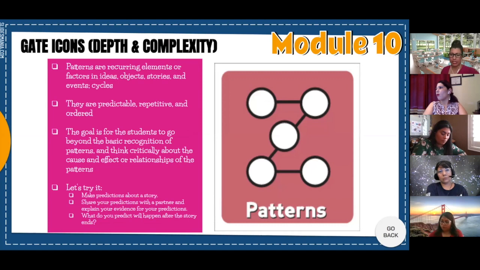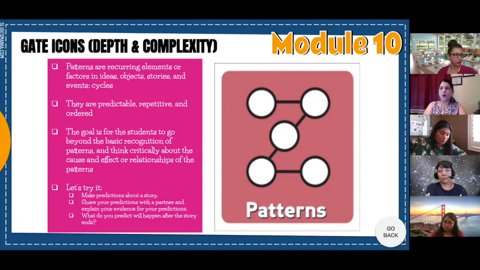It has a beginning, a middle, and an end. But even deeper than that, stories have characters. And with characters, there are certain patterns that happen throughout a novel. You may get a sense of how the character is because they have a pattern of doing something similar over and over and over, right?